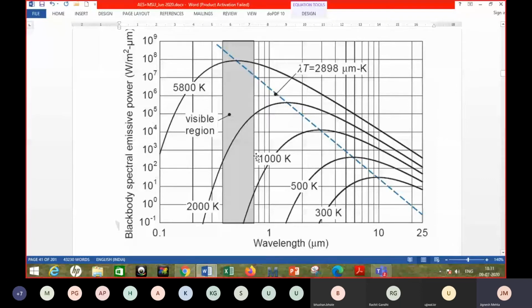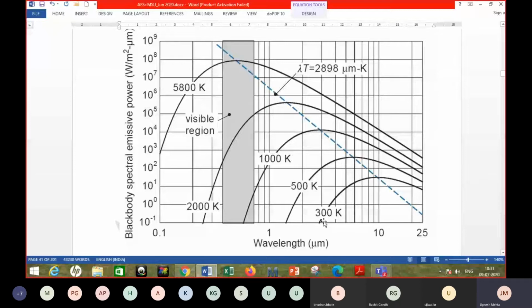Now, because the sun surface is at around 5800 Kelvin, your spectral emissive power available, the extraterrestrial radiation available, would follow this curve. What is the significance of this curve?